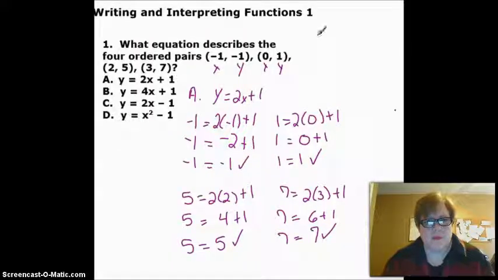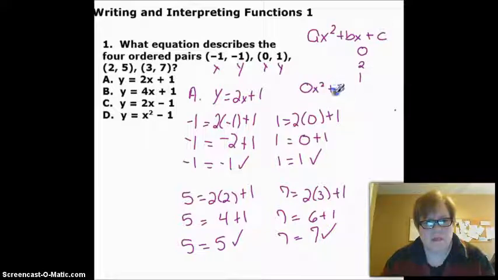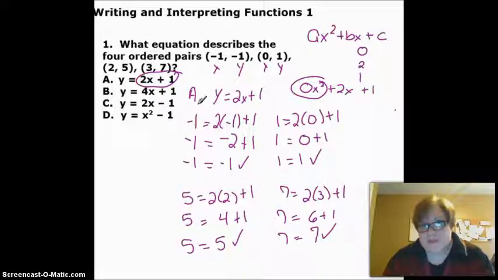Here on my paper, I'm going to write ax squared plus bx plus c, and the values they gave us were 0, 2, 1. So if I put that together, that would be 0x squared plus 2x plus 1. 0x squared is simply 0, so I have 2x plus 1, which matches 2x plus 1. So when I have my calculator, it's going to be a little bit easier to get to these answers, right? Okay, let's try another one.